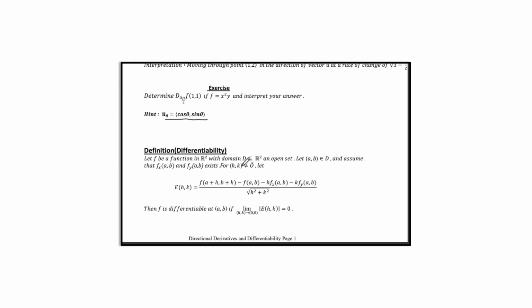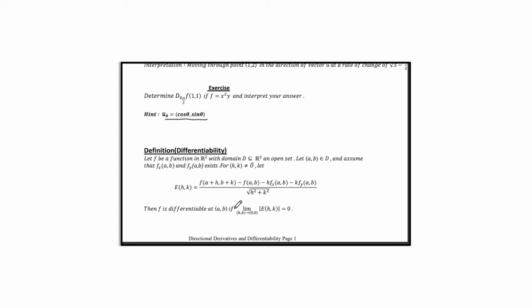Then for (h, k) not equal to the zero vector, E of (h, k) is given by this formula. Then we say that f is differentiable at point (a, b) if the limit of the absolute value of E of (h, k) as (h, k) approaches the zero vector is 0.